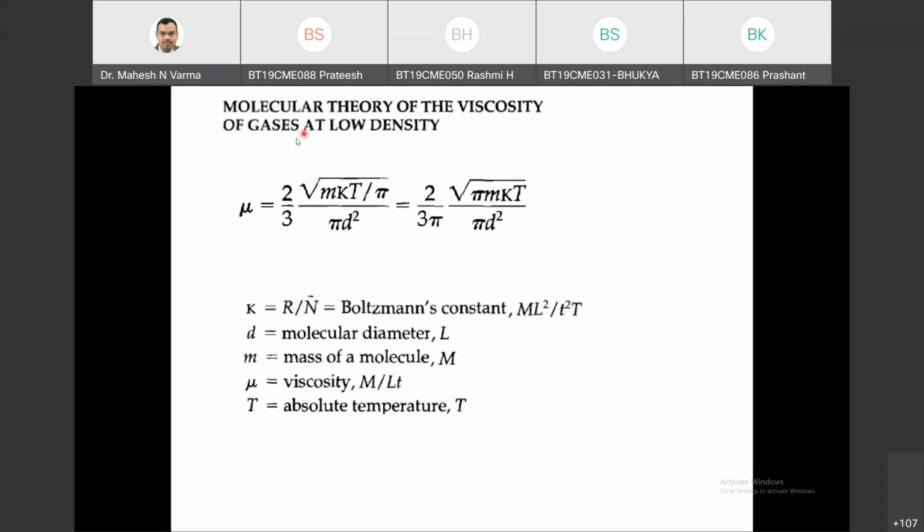So this equation is applied for low density gases only, because of the assumption. It is assumed that these two molecules will have negligible force of interaction between them, and they have derived it. I am not going into the details of the derivation. It needs the whole kinetic theory of gases and intermolecular, you can say, statistical mechanics information.